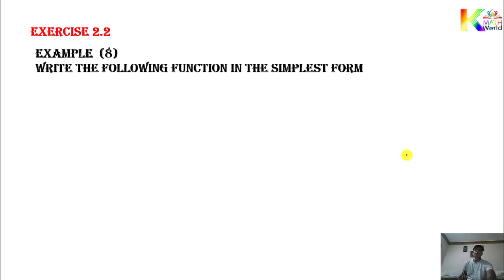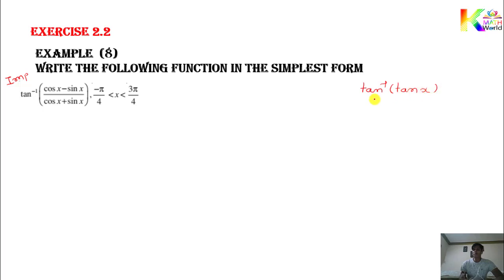Write the following function in the simplest form. A similar question is there, and this is an important question for the exam also. Tan inverse of this one. Up to now, in whatever questions we have seen, we normally try to set the functions so that both are inverse of each other, like sine inverse of sine, cos inverse of cos, so that we can directly put the answer.